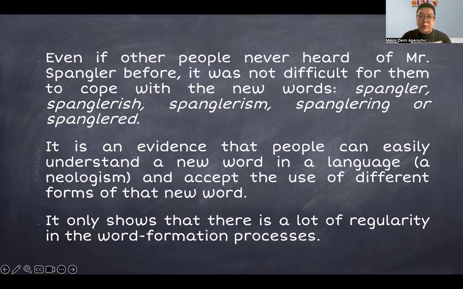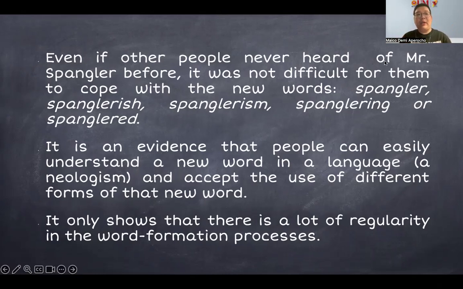Now, I'm not sure though if I mentioned this previously, but there's a big difference between protologism and neologism. When you say protologism, it's a newly invented word, but it is not yet highly accepted or embraced by a certain group of people. On the other hand, when we talk about neologism, it's a newly coined word and it's widely accepted by a number of individuals speaking the same language.